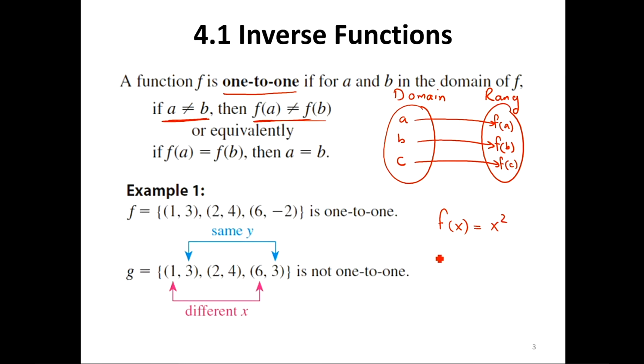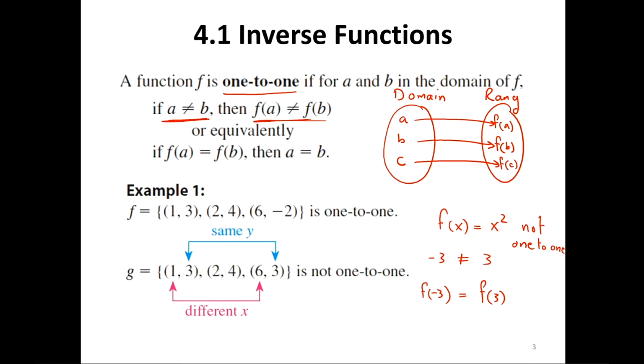For example, f of x equals x squared. Okay, look at -3 and 3. This is not equal, but f(-3) is equal to f(3). Both equal 9. So this is not one-to-one. Why?